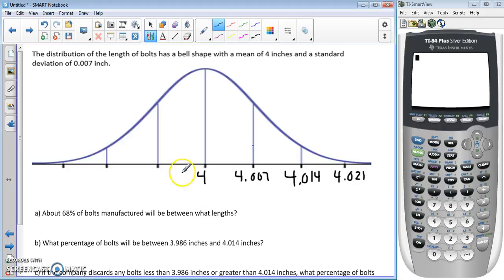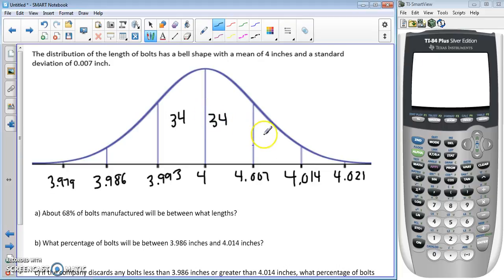And starting at 4, I'm going to subtract 0.007. And then again, I'm going to fill in my percentages.